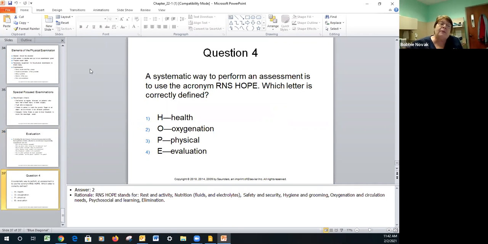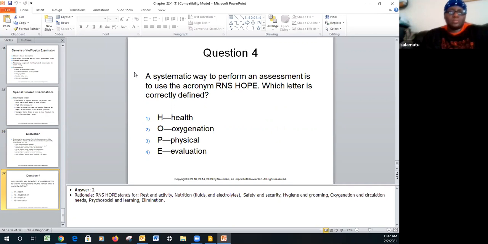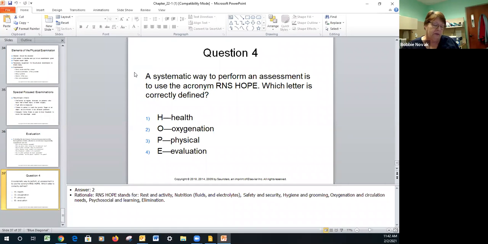So a systematic way to perform an assessment is to use the acronym RN's HOPE. Which letter is correctly defined? I heard it too. Everybody agree with that? Yeah.